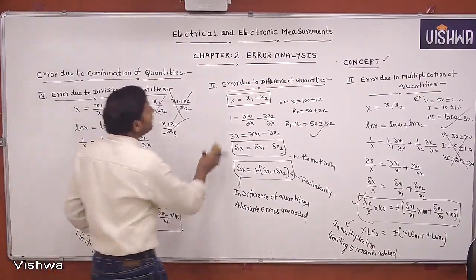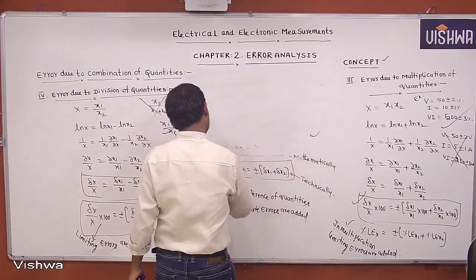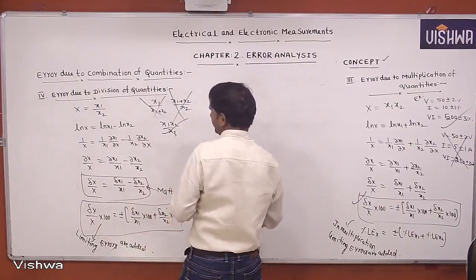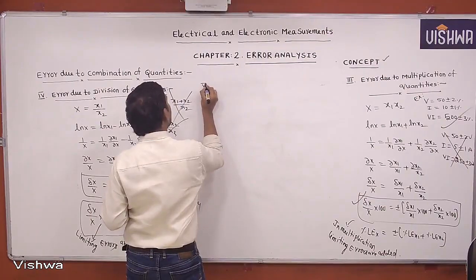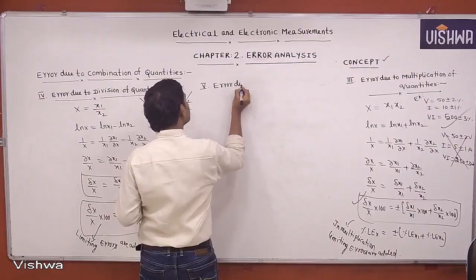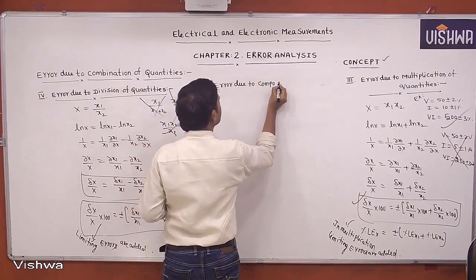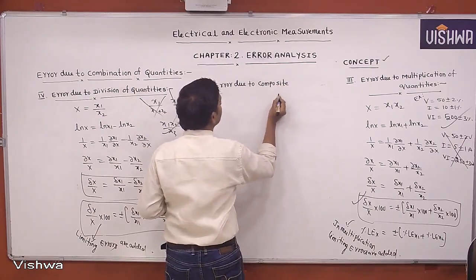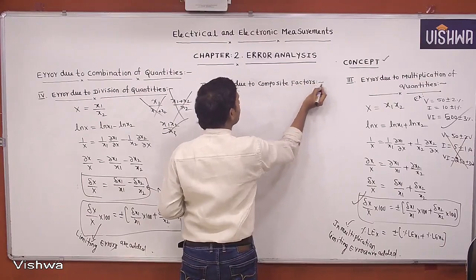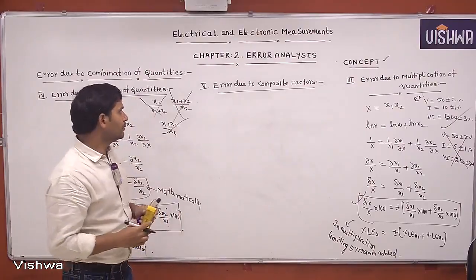Then the fifth one is error due to composite factors. Listen please.